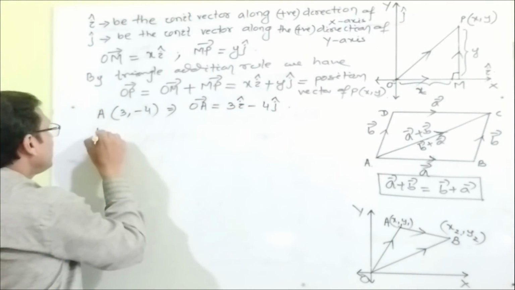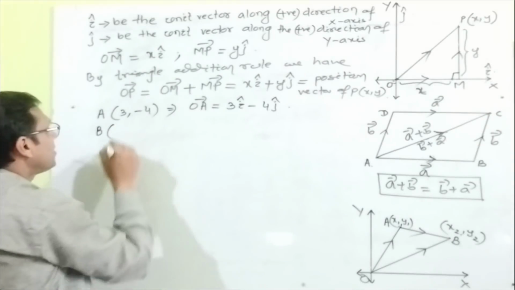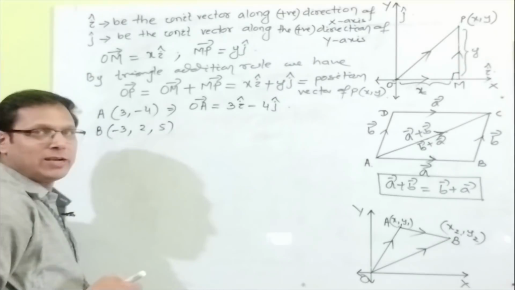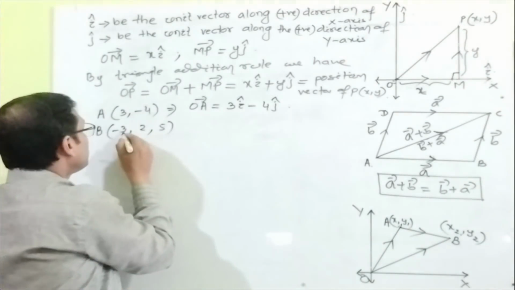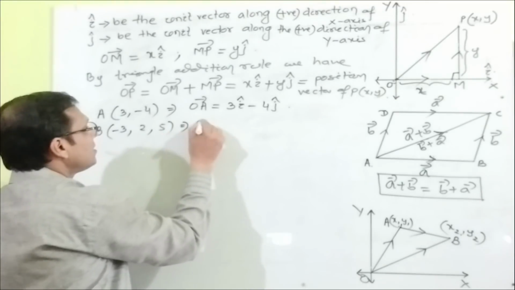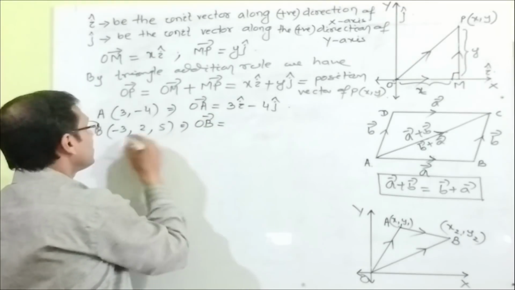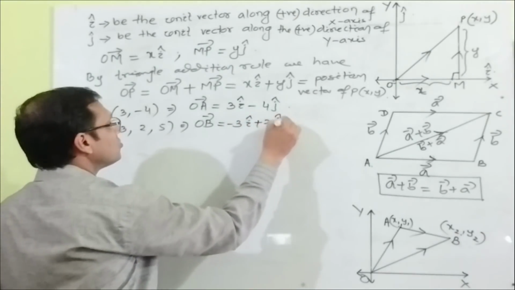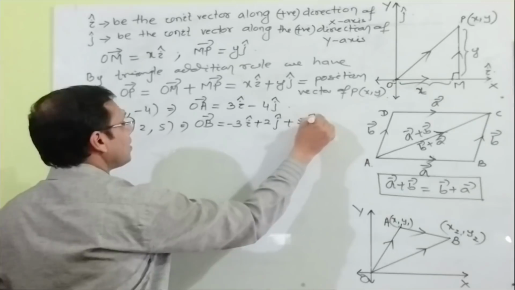Likewise, suppose B has the coordinates minus 3, 2, 5. This is a point in space, that means x, y and z coordinates are given. Then the position vector of B is OB vector, which is nothing but minus 3 i cap plus 2 j cap plus 5 k cap.